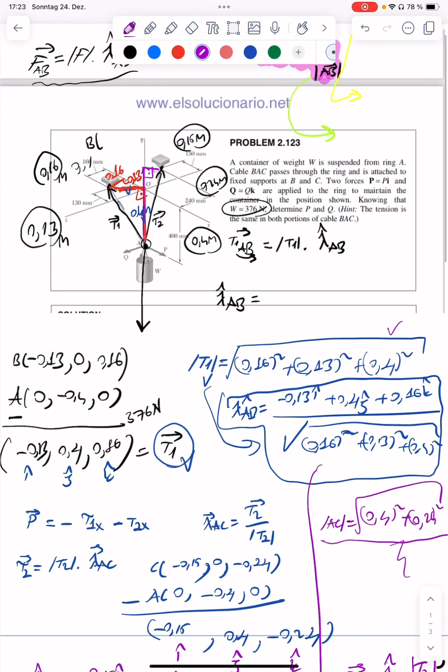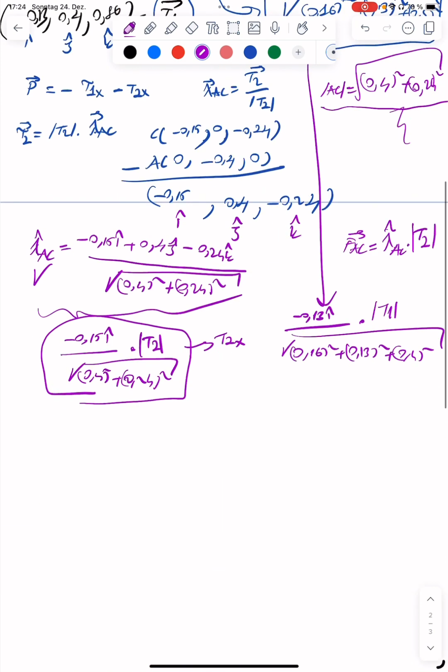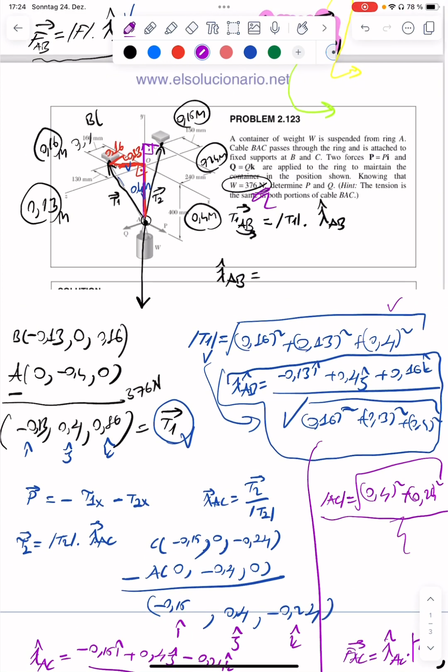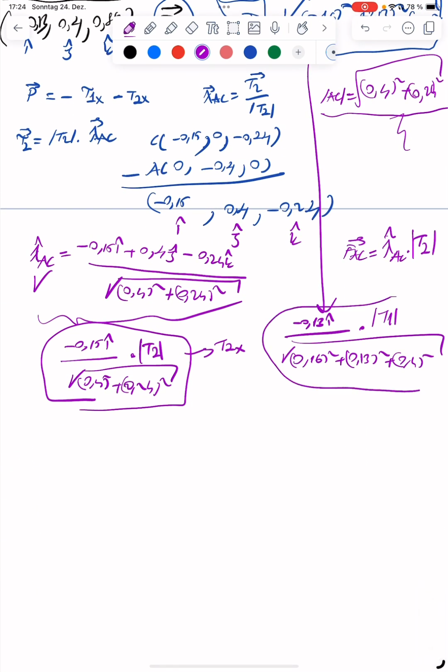Also, we can determine the y-axis, and because of knowing the weight of the cylinder, we can find T1 and T2. Later we can do this, but there is no problem.